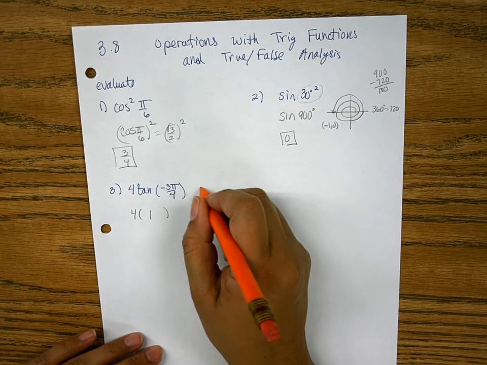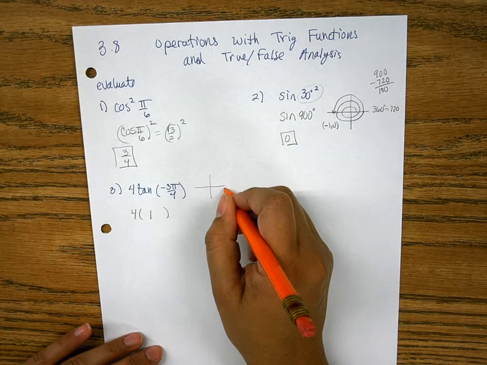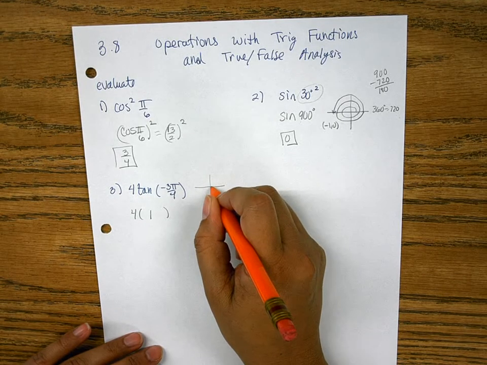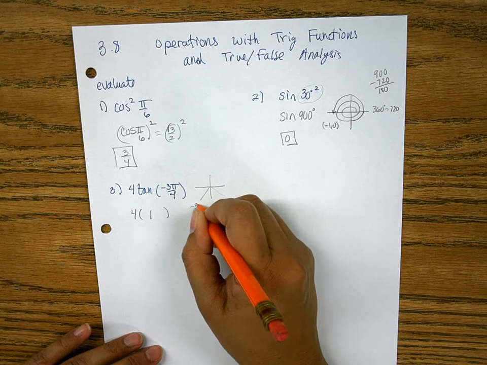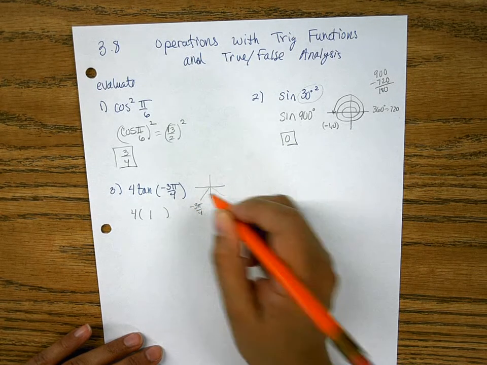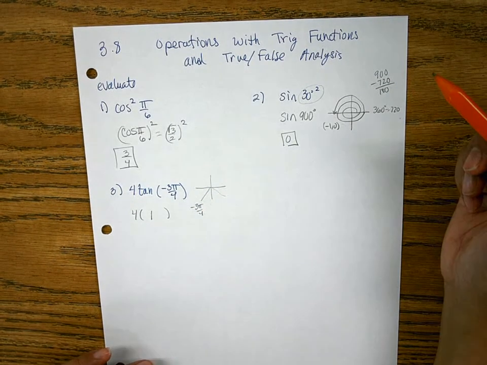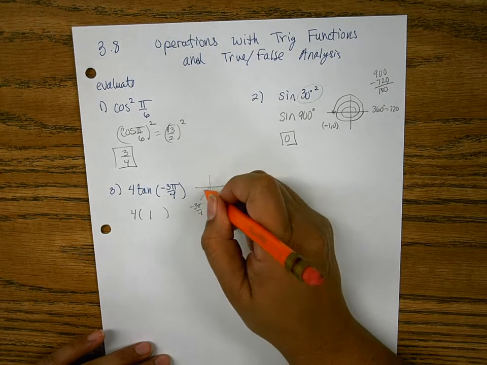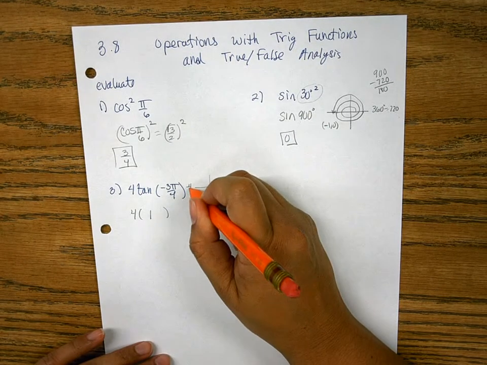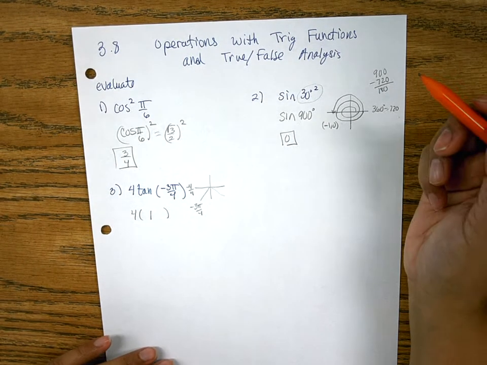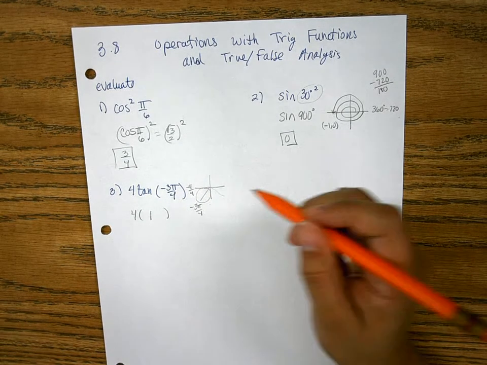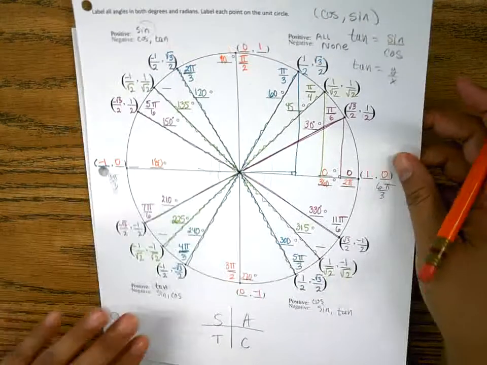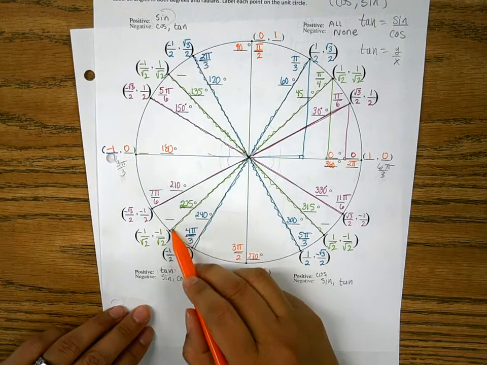So I know it's going to be 1. You do have to figure out where -3 pi over 4 is. This is -1/4, -2/4, -3 pi over 4 is in the third quadrant, because this would be 4 pi over 4 to make the -1 pi. Okay, so it is here.